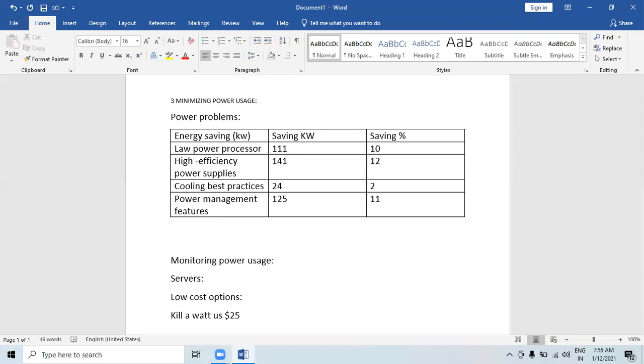The result is that it will show you how much power your device is using.